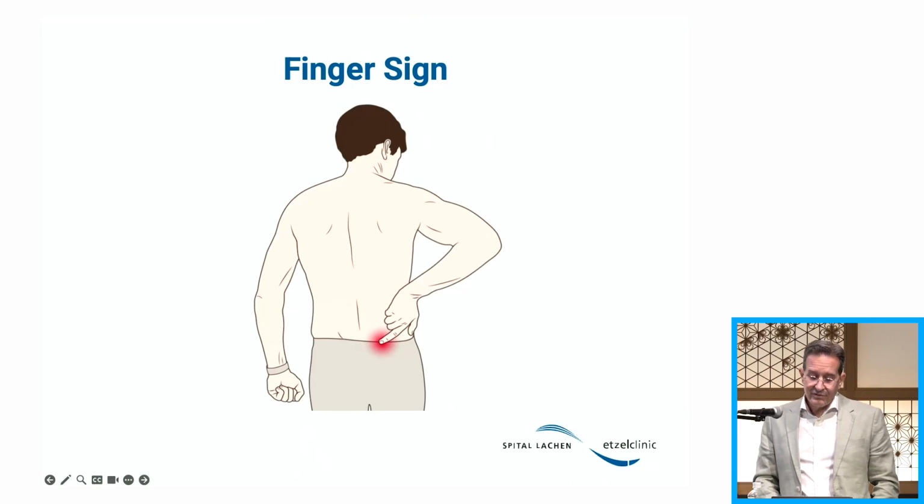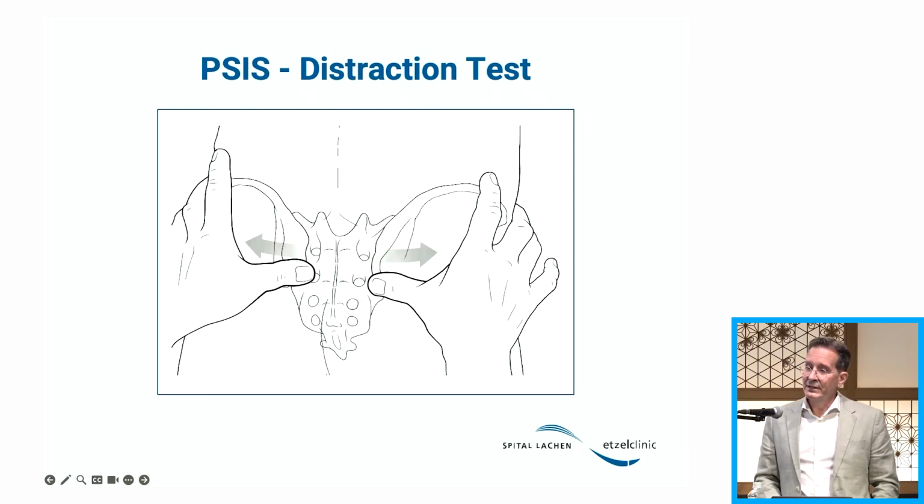We had the 14-finger sign, I called it. It was called finger test. I don't think it's a test, it's a sign because the patient shows you. And we've developed the PSIS distraction test. And this was 2008 when we thought we need a test where we stress the ligaments of the SI joint without touching the facet joints, without touching the hip joints.